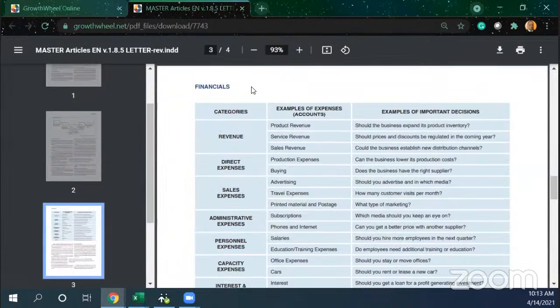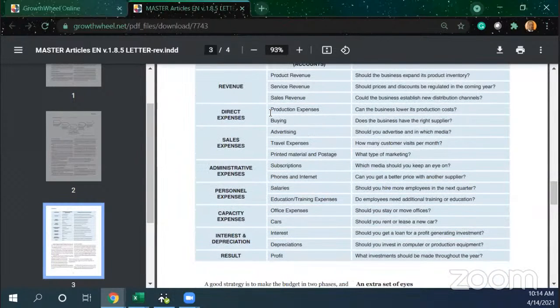It helps you understand the financials. And one of the things within financials, you have revenue, direct expense, sales expense, and direct expense is really the cost of purchasing products or producing your products or services.